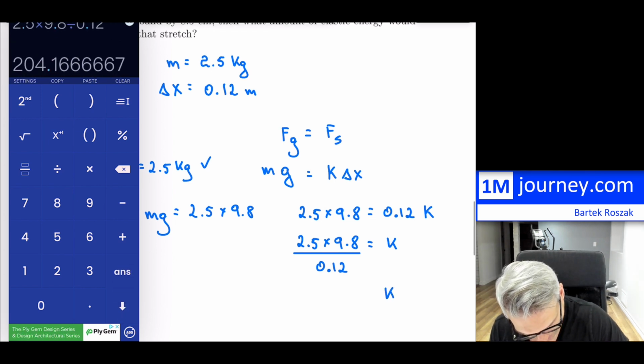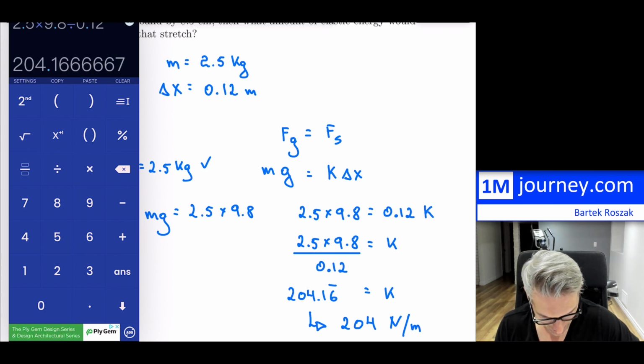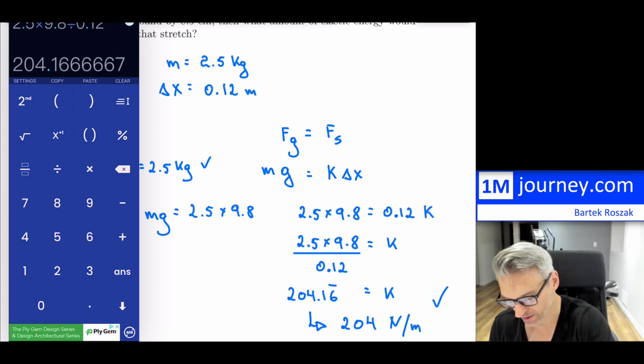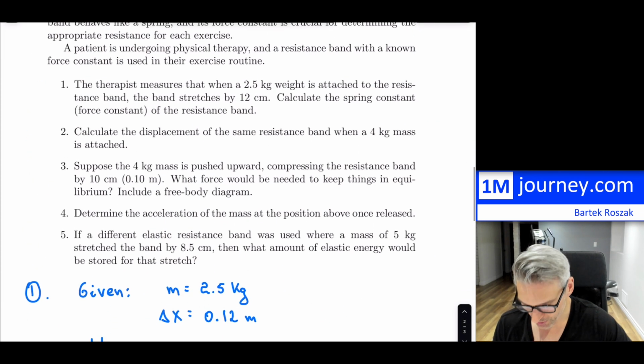So our k is going to be equal to 204.16666, etc. We can round this to 3 significant figures, although it doesn't state that, but we'll just do it for the sake of this example. And this would have been Newtons per meter, as our constant. And here you go. So that would have been answering part number 1. Here's part number 2.